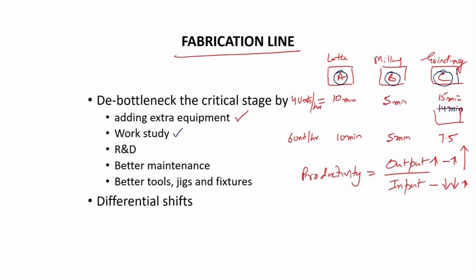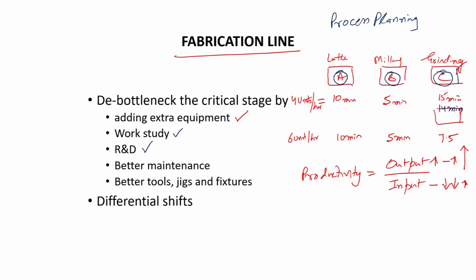Another is we can do some R&D also. We can do the process planning itself. We can do some process planning again. Maybe a certain part of this grinding can be achieved, or a better tolerance and better finish can be given at the lathe machine itself, so that there is less grinding requirement.